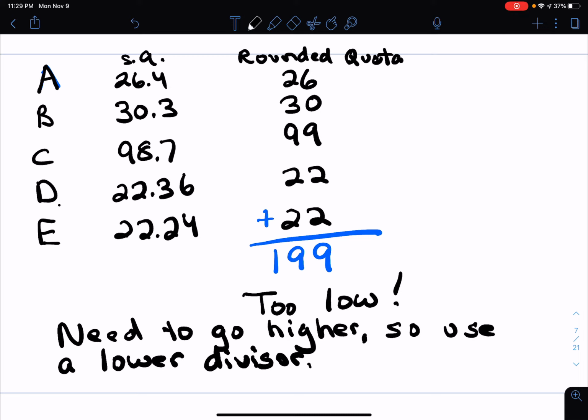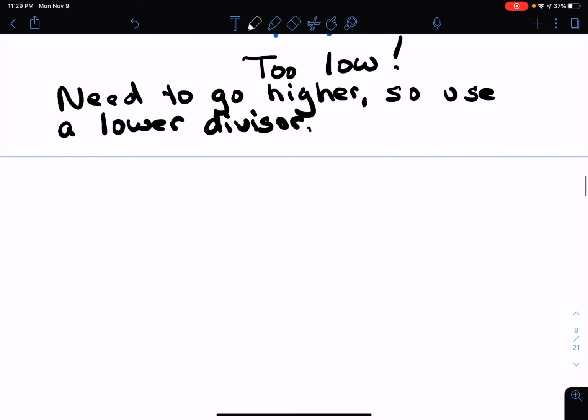So remember, 50,000 had been the original divisor when we were just doing standard divisor, standard quota, etc. For this example, for Webster, let's try 49,700.